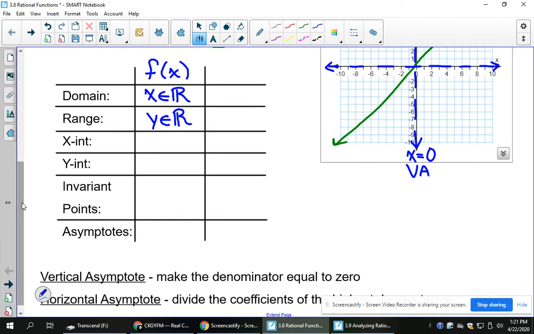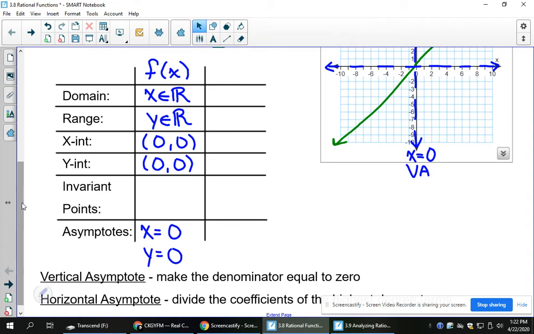The x and y intercepts are both the same. If you look at that, it crosses on the origin, so 0, 0. Invariant points we're going to state in a minute. And then the asymptotes we said were x equals 0 and y equals 0, or in this case, the x-axis and the y-axis.